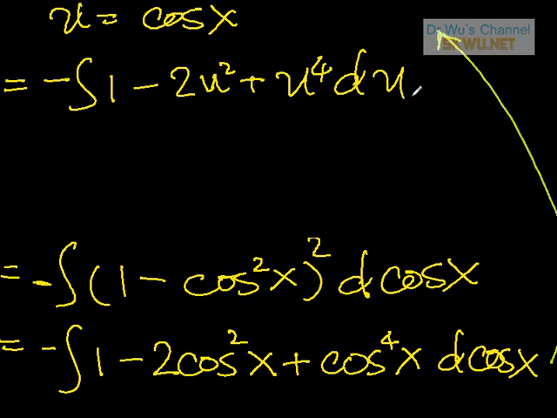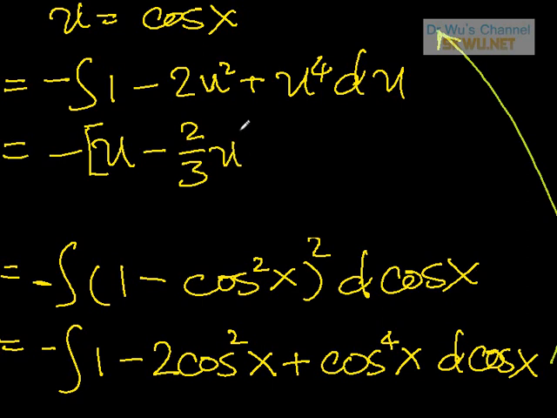This one is much more straightforward because I can just write out the answer without too much thinking: u minus 2 over 3 u to the power 3 plus 1 over 5 u to the power 5.